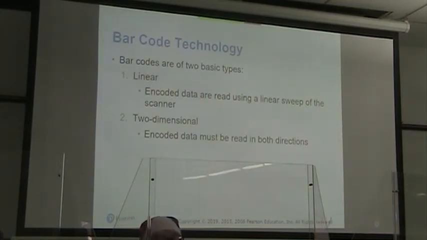All right, so our barcodes are of two basic types. The first is linear, where encoded data can be read by a sweep of the scanner. And then there's two-dimensional, where encoded data has to be read not only in the X but in the Y dimension.